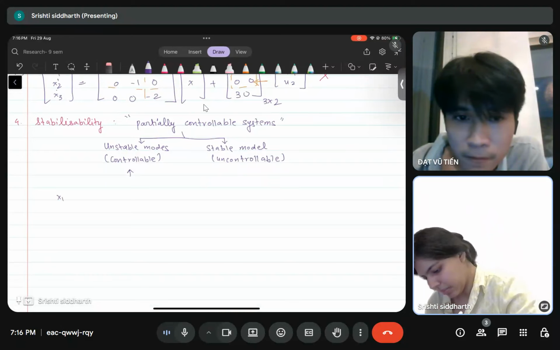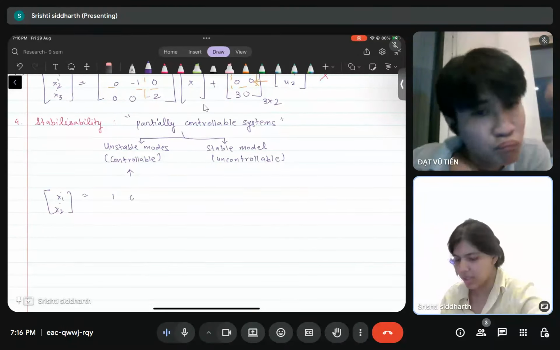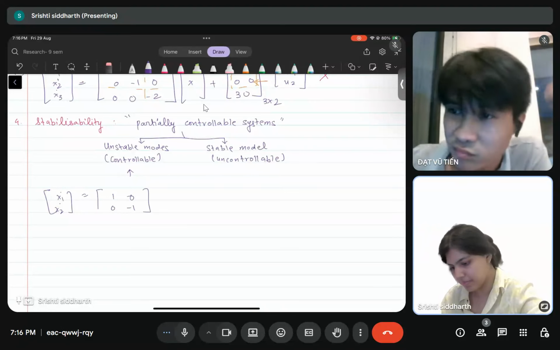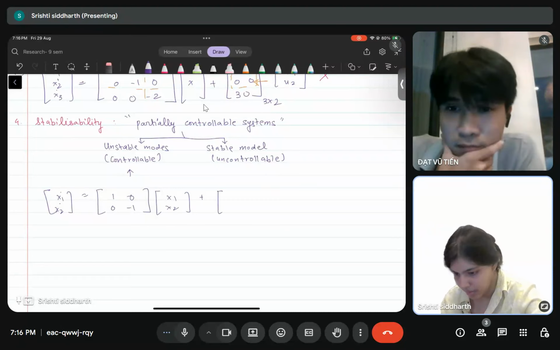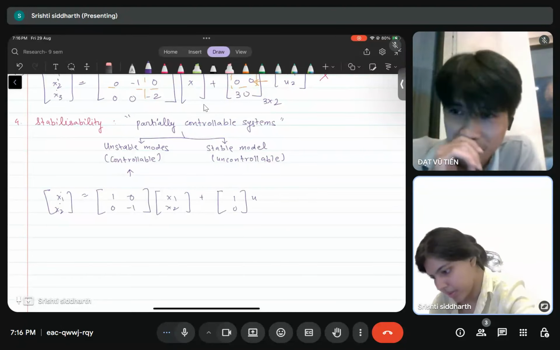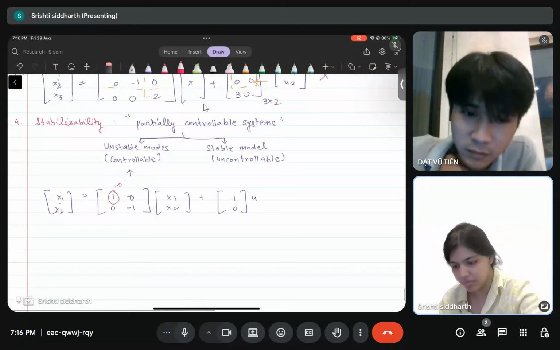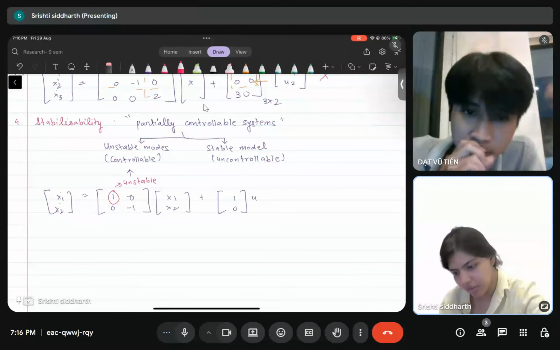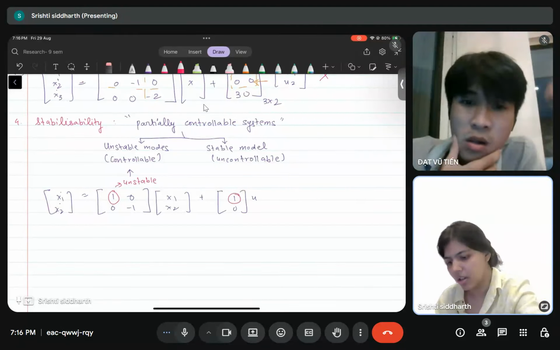So let's look at an example. x1 dot, x2 dot equals [1 0; 0 -1] times x, plus [1; 0]. This is already in diagonal form. This mode is unstable, and corresponding to this there is a control signal, so we can inject some control.